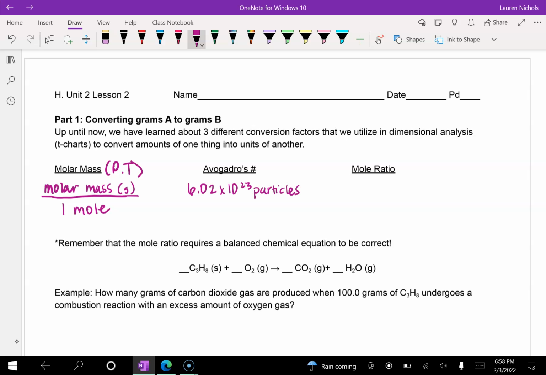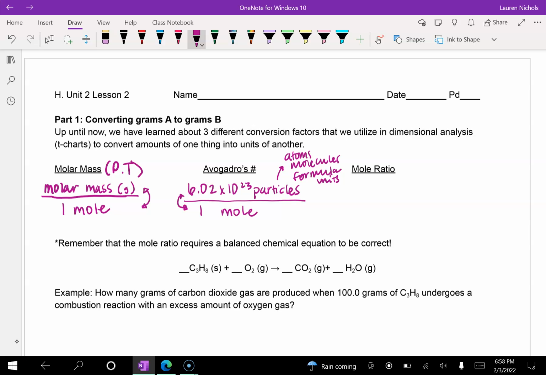And Avogadro's number is also equivalent to 1 mole. And remember, the word particles can be swapped out for atoms, molecules, or formula units. And both of these can be flipped where the molar mass or Avogadro's number is in the denominator.